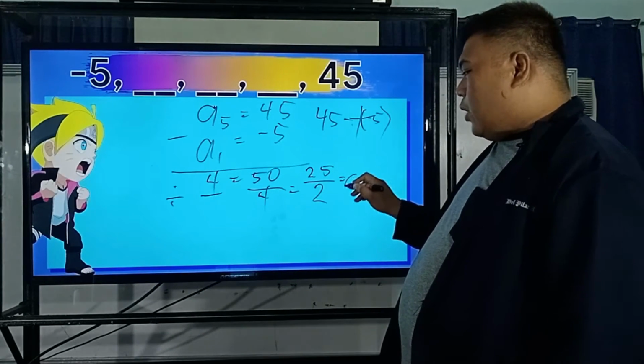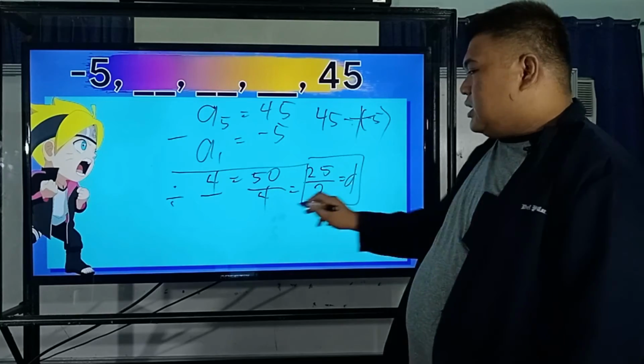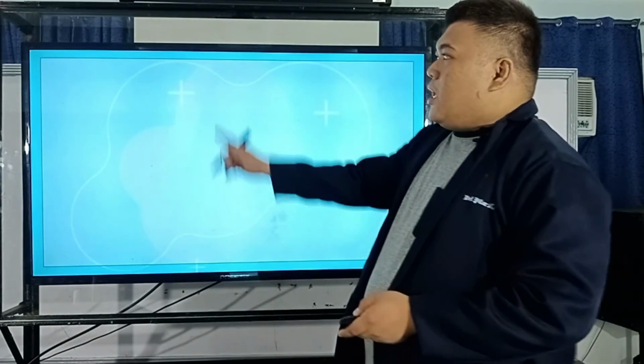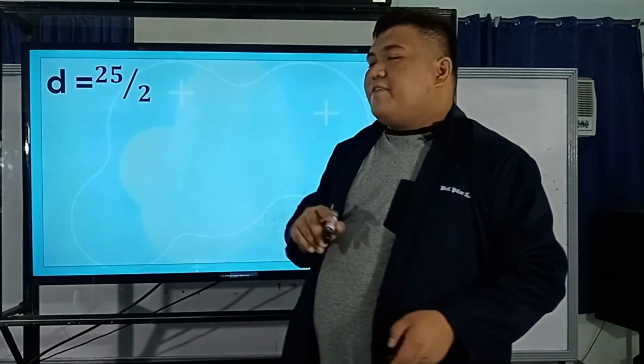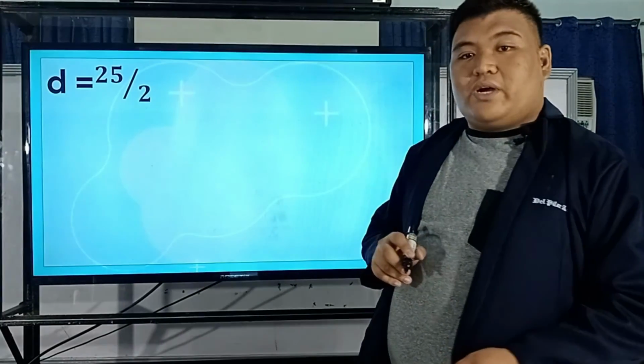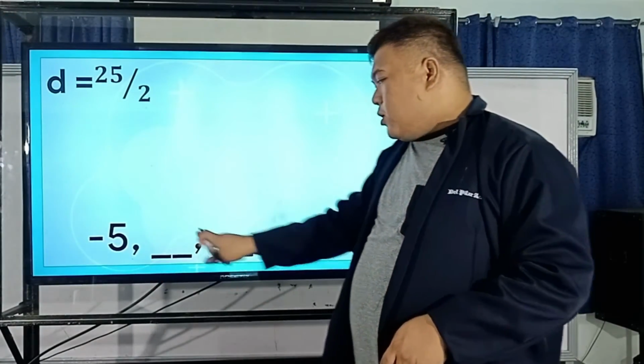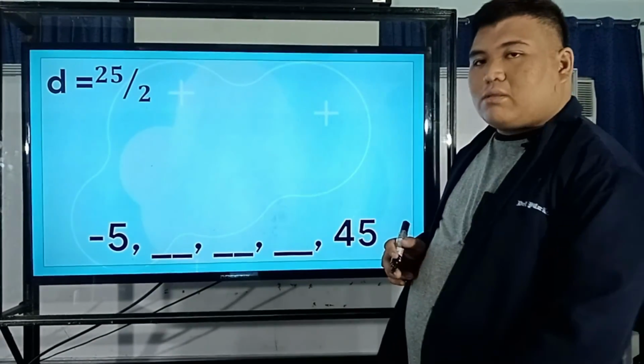So therefore, our common difference is 25 over 2. Okay, balik tayo. The common difference is 25 over 2. So, i-add natin yon kay negative 5 para makuha yung ibang missing terms.